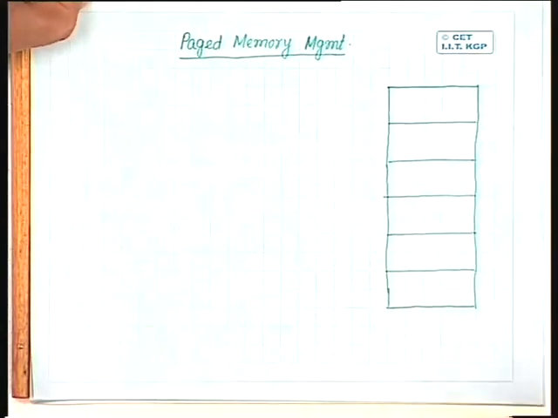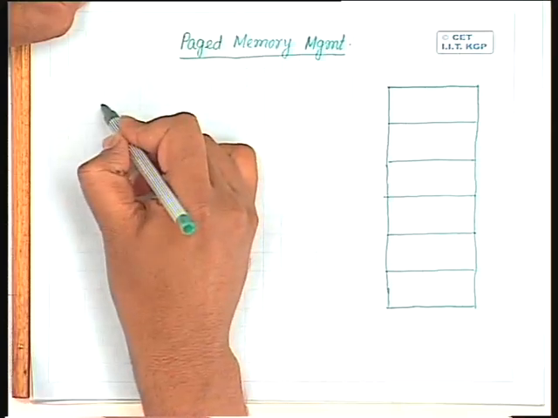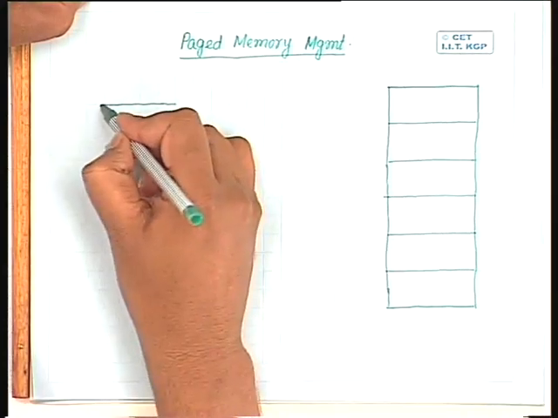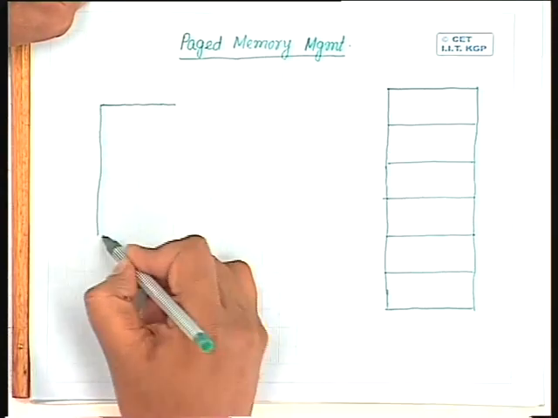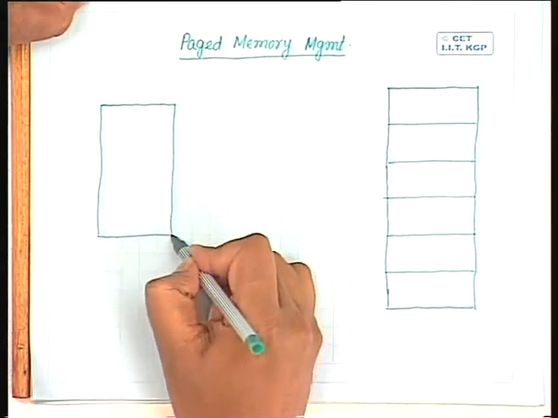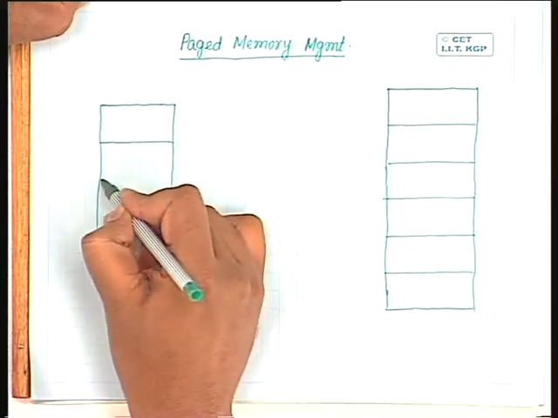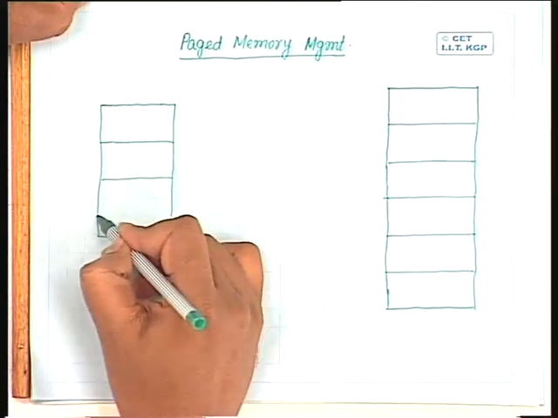These partitions are called frames, and the frames are of the same size. Similarly, the logical address space of a user program is also divided into partitions of the same size, and each of these partitions of the logical address space is called a page.